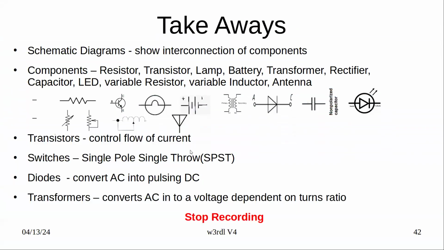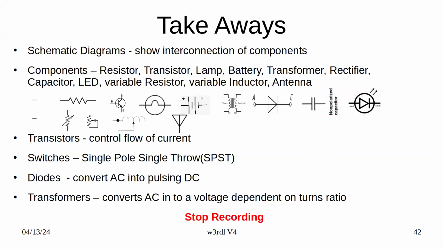Okay, so schematic diagrams are used to show the interconnection of components, such as all those below. Transistors control the flow of current, either by voltage or current, depending on the type of transistor.